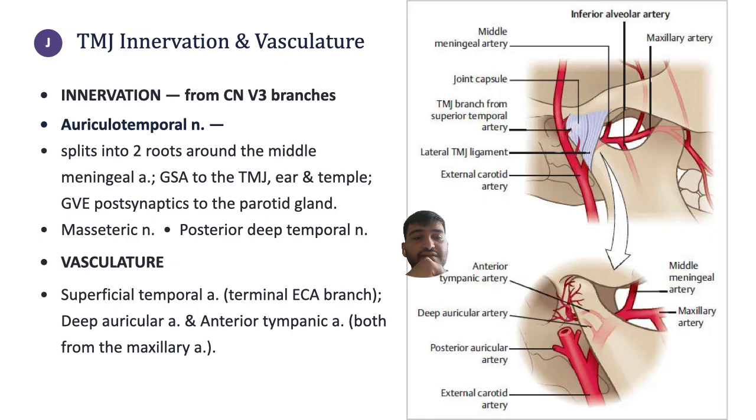We also have the masseteric nerve and the posterior deep temporal nerve. And then in terms of vasculature for the TMJ, we have the superficial temporal, which, as we discussed earlier, is a terminal branch of the ECA. And then we also have the maxillary artery branches, deep auricular and anterior tympanic, acting as well here. And we can appreciate more pictures on the right.